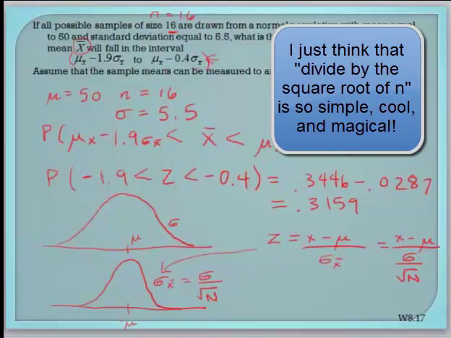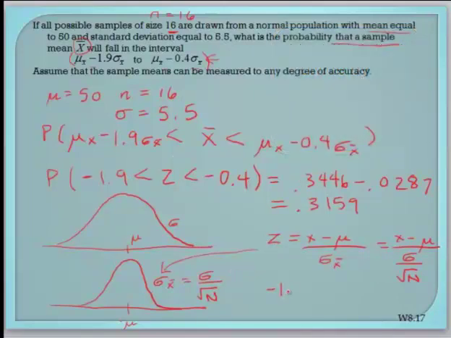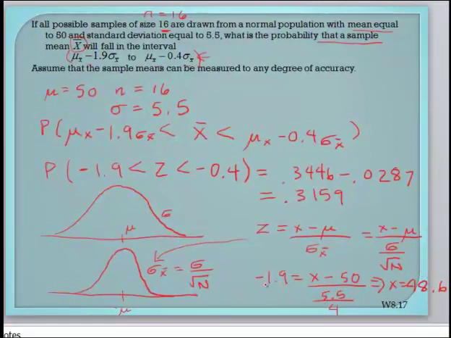Z equal to minus 1.9 is equal to x minus mu, which was 50, all over 5.5 divided by the square root of n. Square root of 16 is 4. And when we work that out, x is equal to 48.6. So that's minus 1.9.